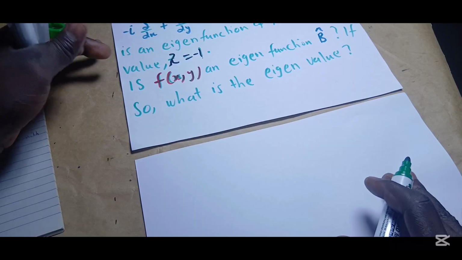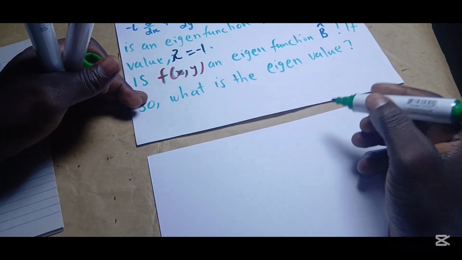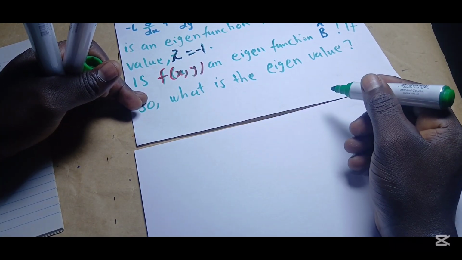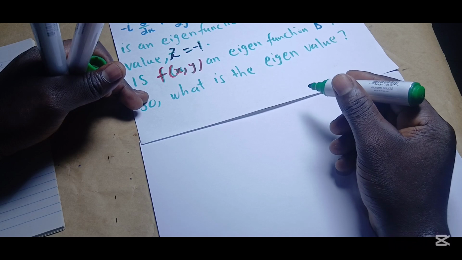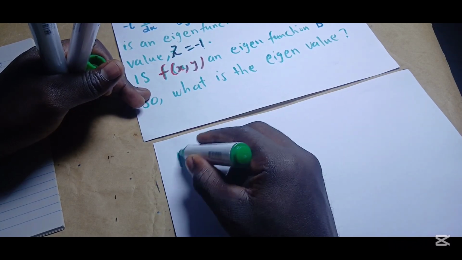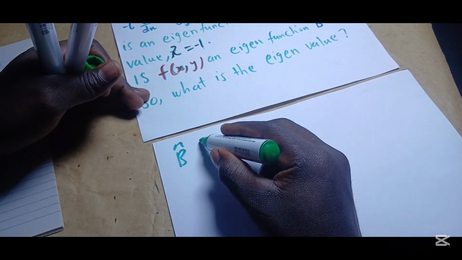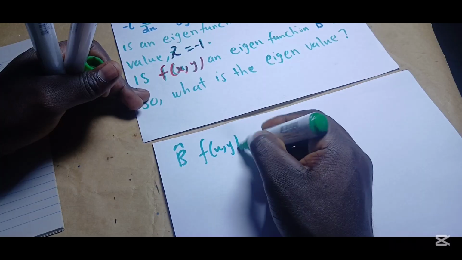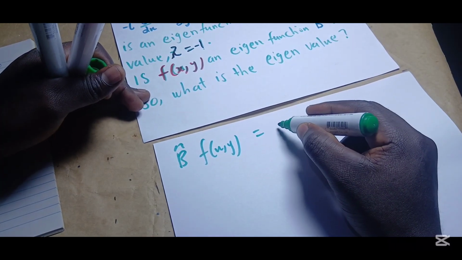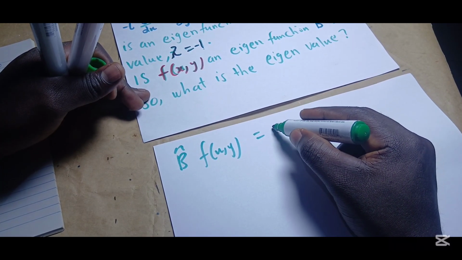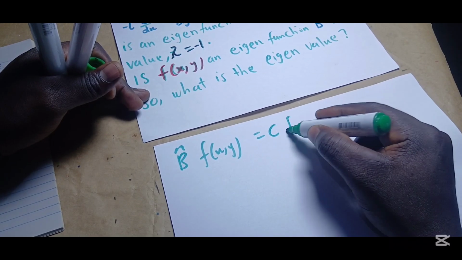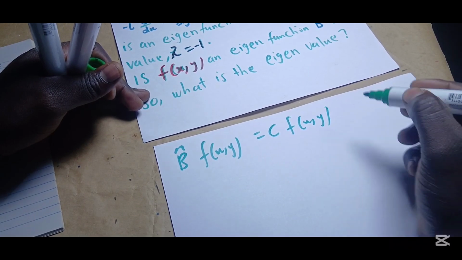Let's look at the second part of the question. Is f of x and y an eigenfunction of B? If so, then B operated on f of x and y should give us a certain constant, let's call it c, times f of x and y again.